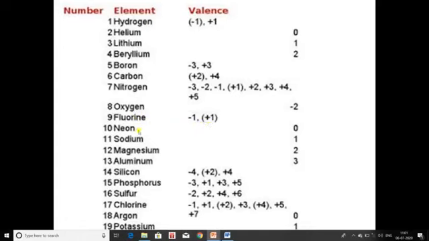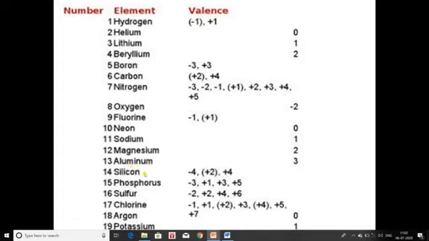Next one is neon, belongs to 18th group, shows 0 oxidation state because it is non-reactive. Next one, sodium +1 because it belongs to group number 1. Magnesium belongs to group number 2, so it will show +2 oxidation state. Next one is aluminium, it belongs to group number 13, so it will show +3 oxidation state.